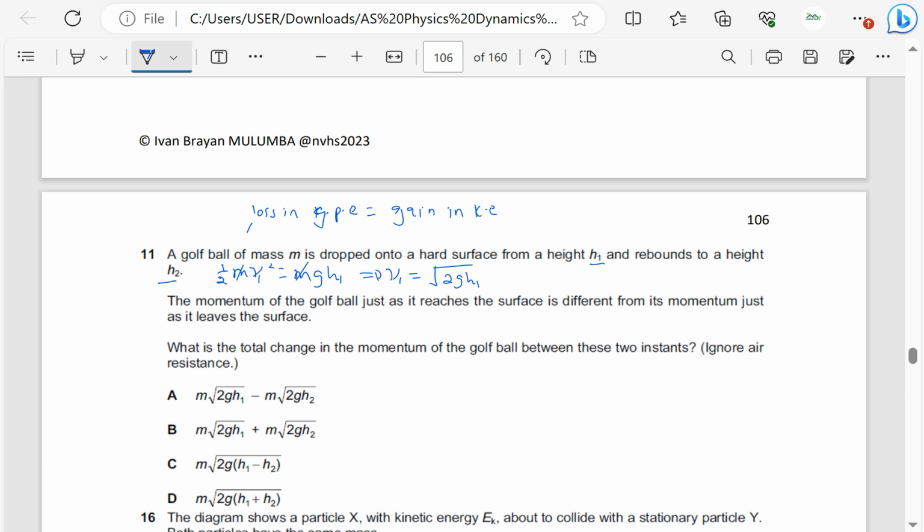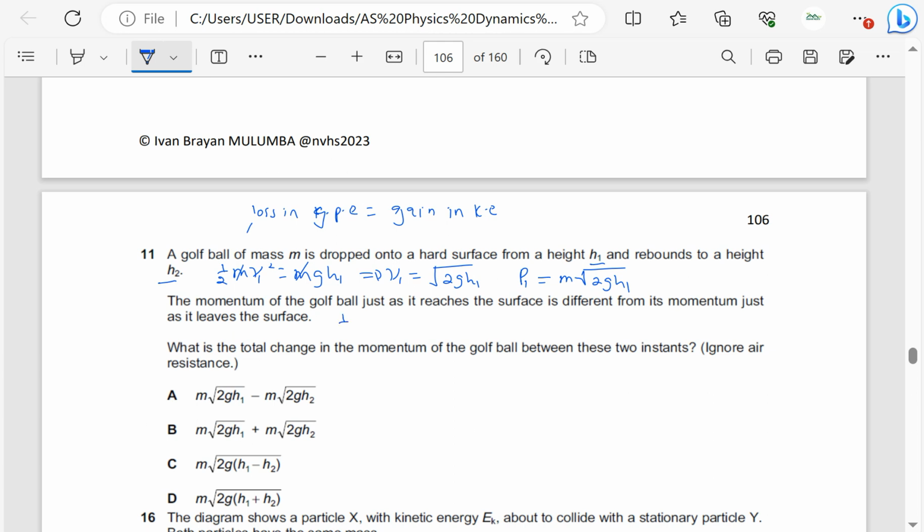So if I find the initial momentum before it hits the surface, momentum P1 is going to be m times v1, which is m times the square root of 2 g h1. When it rebounds, it loses kinetic energy as it gains potential energy.